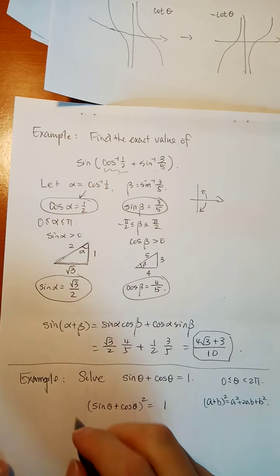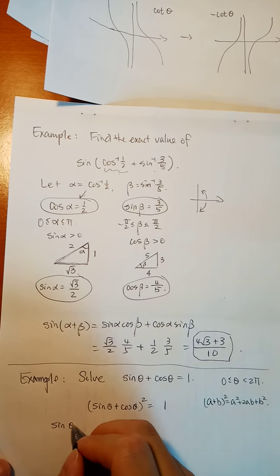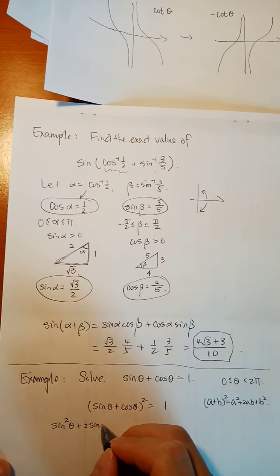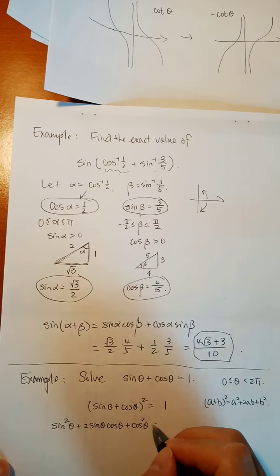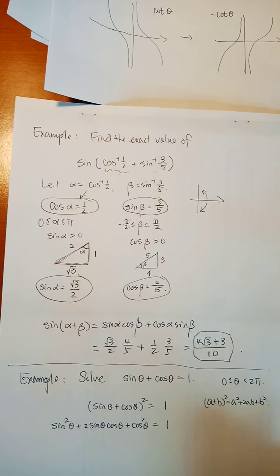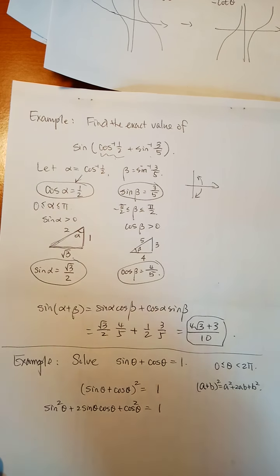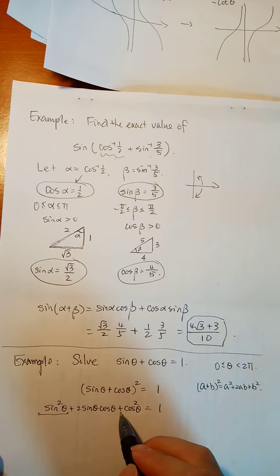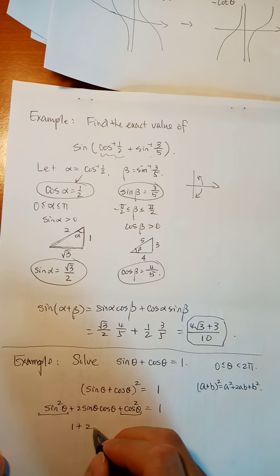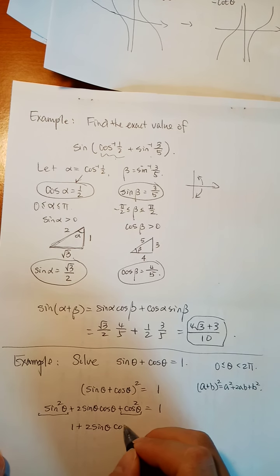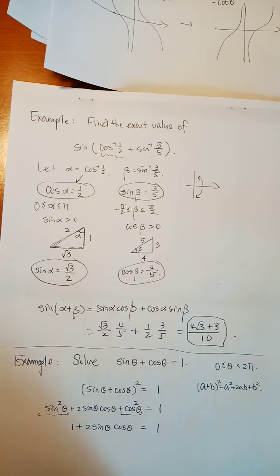So here you get sine theta squared plus 2 sine theta cosine theta plus cosine theta squared is equal to 1. On the left hand side you see sine square plus cosine square, this is 1, so it's 1 plus 2 sine theta cosine theta is equal to 1.